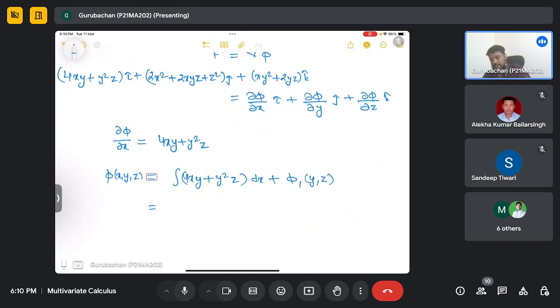By integrating, we get 2x square y plus xy square z plus phi 1 of yz.